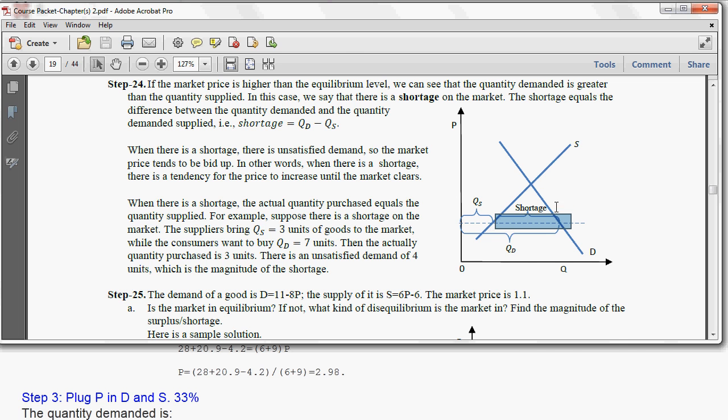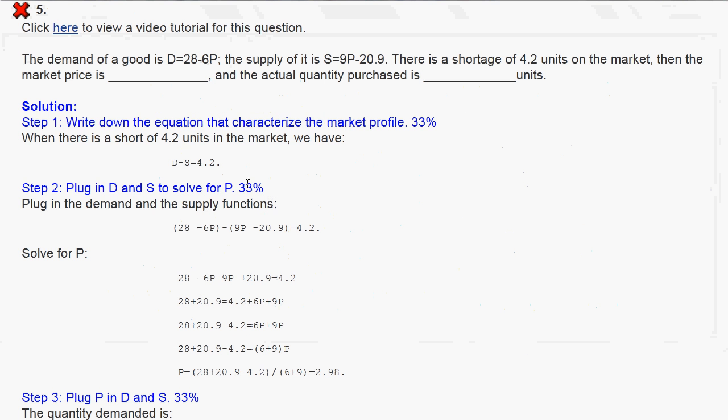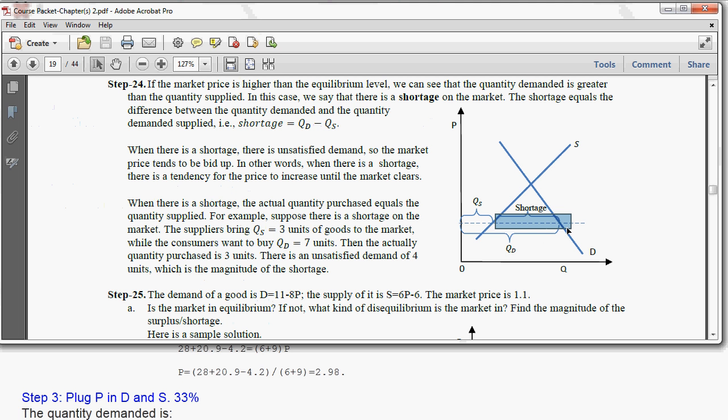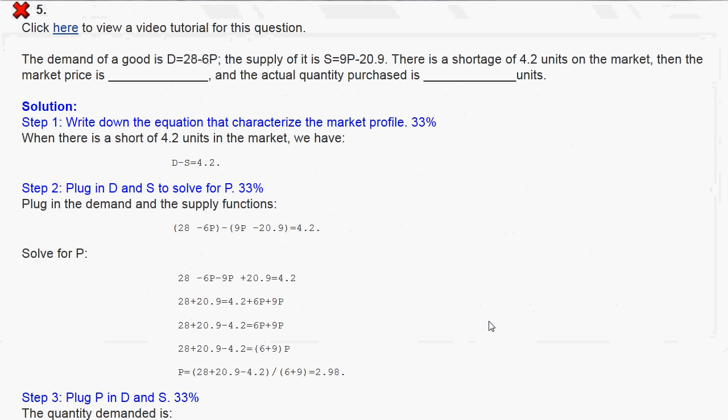Alright, let's go back to our question. So when there is a shortage of 4.2 units in the market, we have D minus S equal to 4.2 units. QD, the quantity demanded, minus the quantity supplied, is equal to the shortage. There are many other ways to write down this equation.